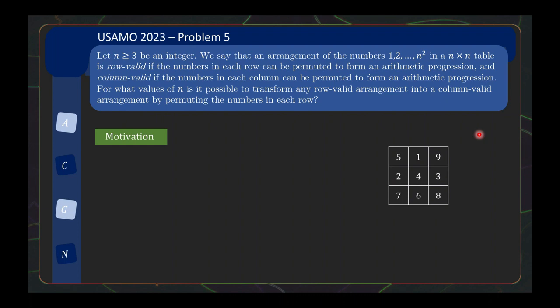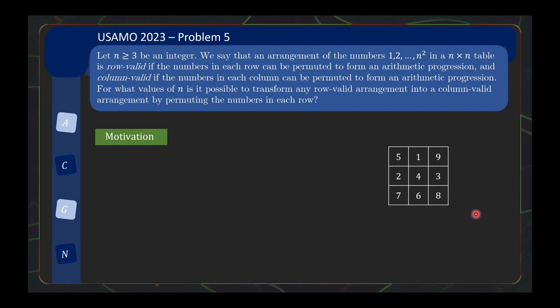If we think about it, the APs 159, 234, and 678 are sort of a messy way to break up 1 to 9 into 3 APs of length 3. But the column APs that we get in the end, which are 147, 258, and 369, are quite a neat way of getting 3 APs out of 1 to 9.